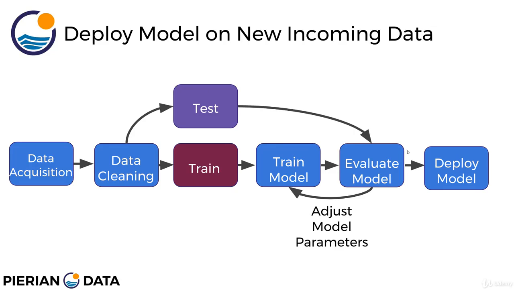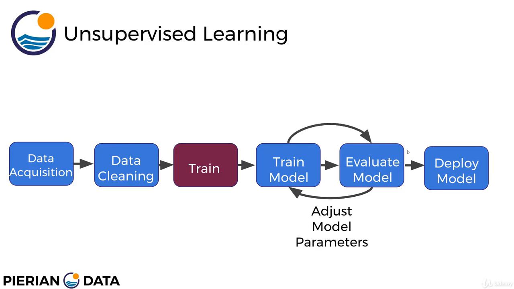Once you're satisfied with your model, you can then deploy it onto new incoming data. So that's a very basic approach to machine learning. Acquire the data, clean the data, split it into a test set and a training set, train your model on that training set, evaluate it against the test set, adjust the model parameters, repeat that process until you're ready and satisfied to deploy the model.